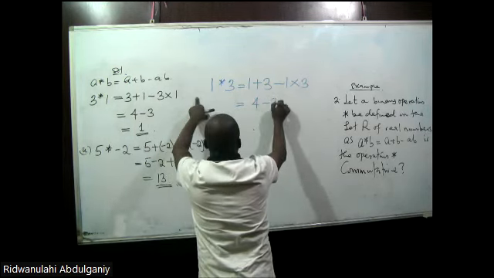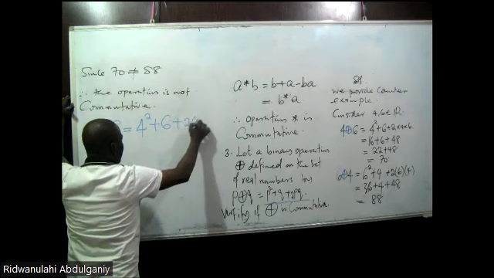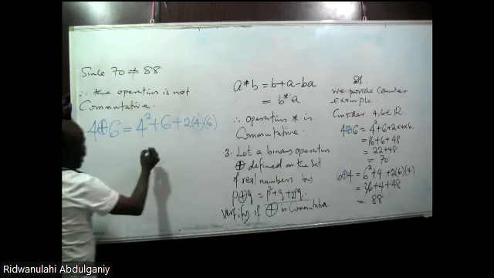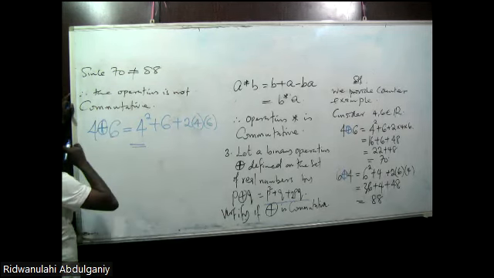We have 4 operation 6 equals, we go back to our definition. Sorry, I'm using the wrong operation. It is a circled plus. First element is 4 and it is squared, plus second element, which is 6, plus twice their product, 4 into 6. And evaluating, you are going to have 70.